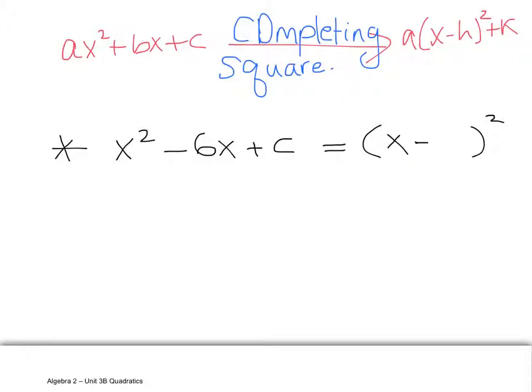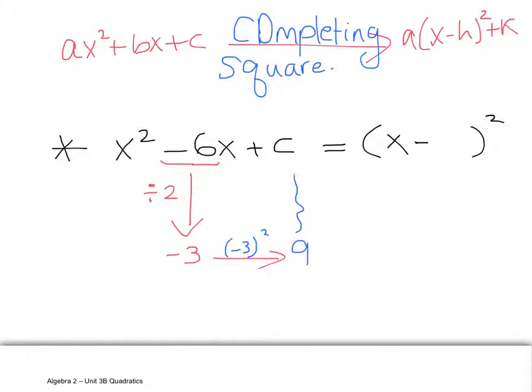So to do that, you need to look at the b, which is in this case negative 6. And you need to divide that by 2. So negative 6 divided by 2, that would give you a negative 3. After you divide by 2, you need to square that number. When you square negative 3, you're going to get a 9.